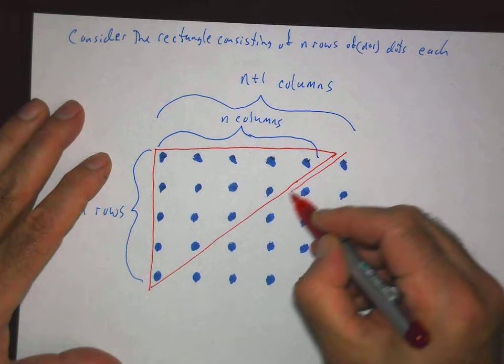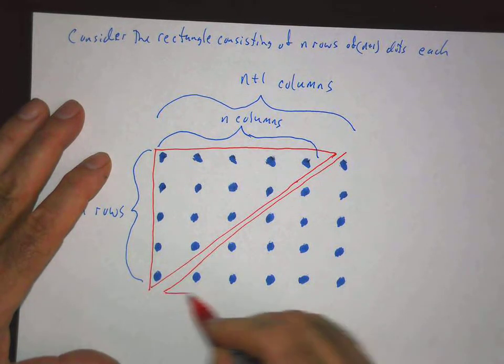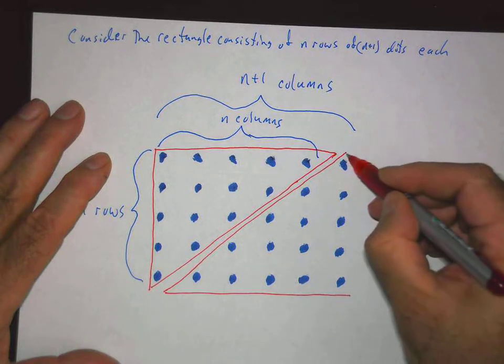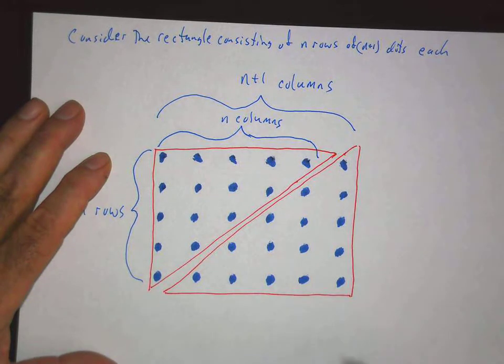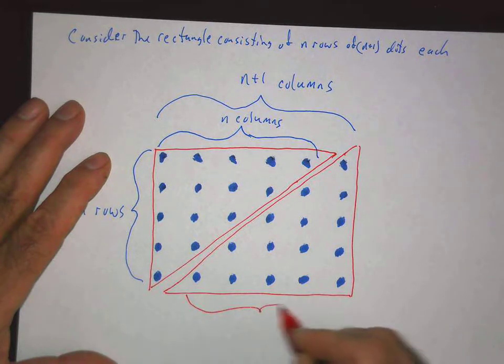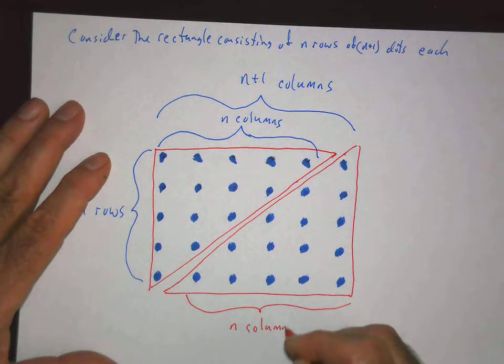I'm going to draw another triangle right beside it. And notice that this dot in the bottom row is not part of the triangle on the right. So the triangle on the right essentially spans n vertical columns.